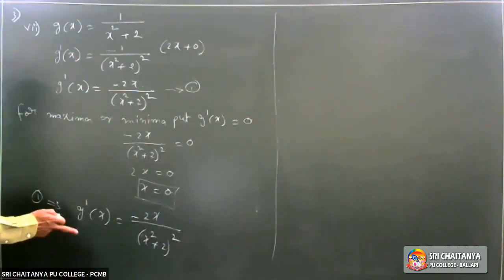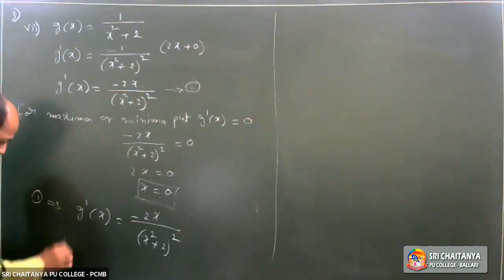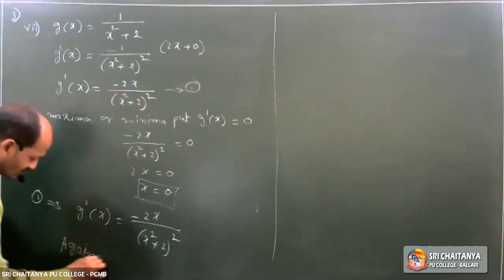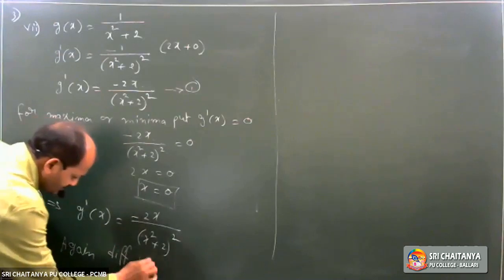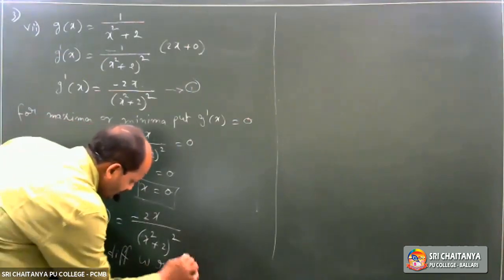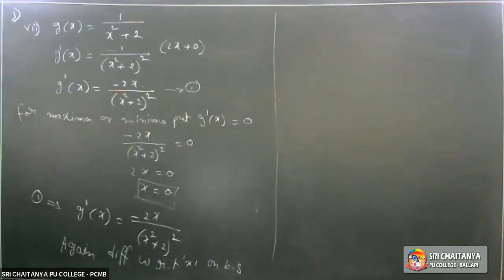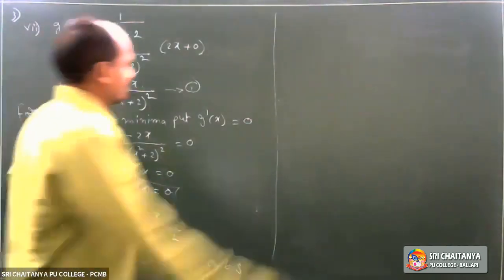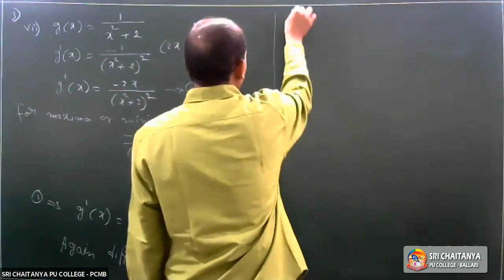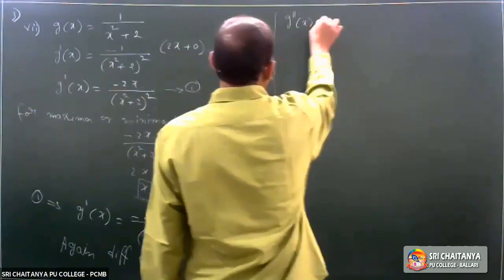It is a first order derivative. Again differentiating with respect to x on both sides, then we get g double dash of x.